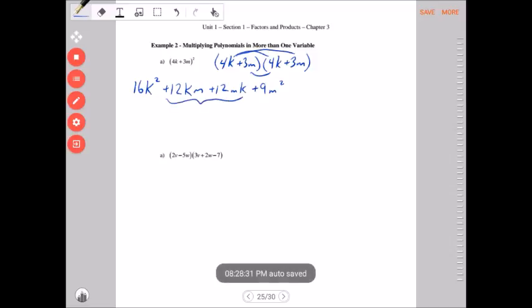Remember my little analogy from earlier, 5 times 3 is 15, 3 times 5 is also 15. The order doesn't matter. A km is the same as an mk, so those really are like terms. So you get 16k squared plus 24, and then you just pick one, km or mk, doesn't matter, and then plus 9m squared. And you're done, that's it.